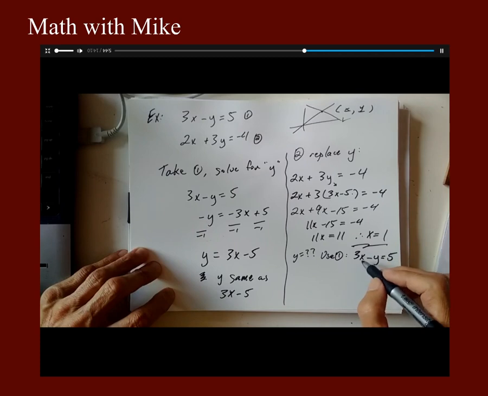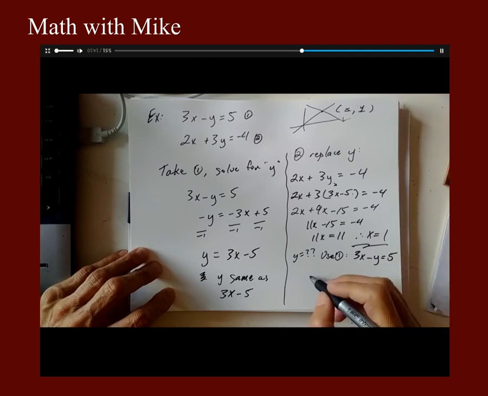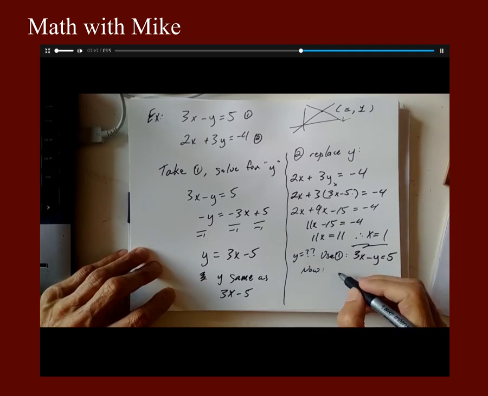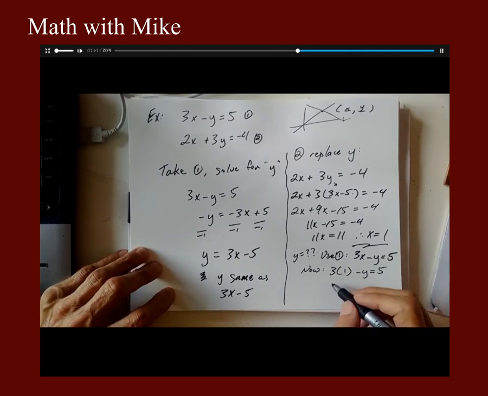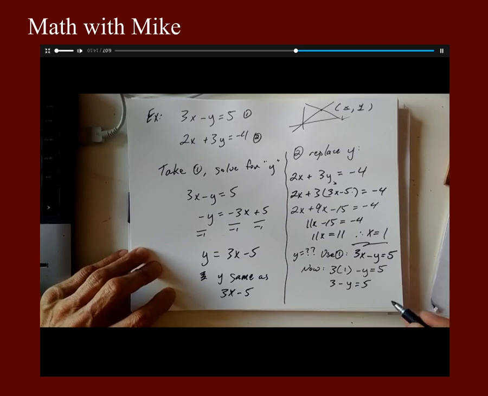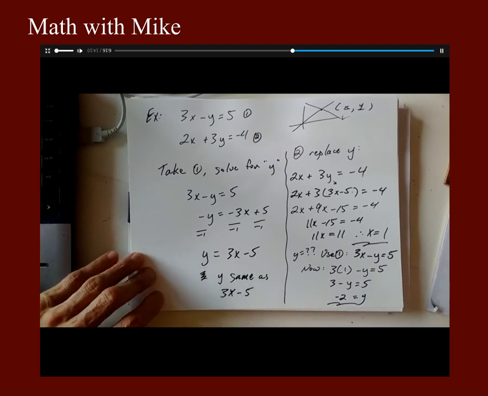So the x is going to be replaced with the 1 that we just figured out. So the x is substituted, and now we just have y to deal with. We have 3 minus y is equal to 5. y goes to that side, 5 to that side. You get y is equal to minus 2. Whew, just made it in there.